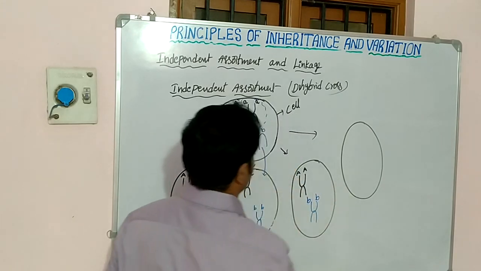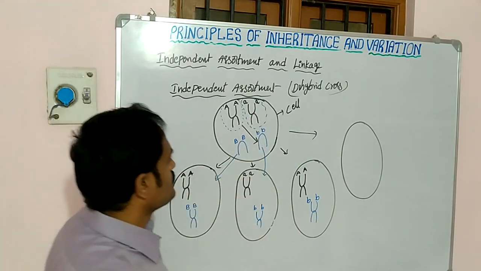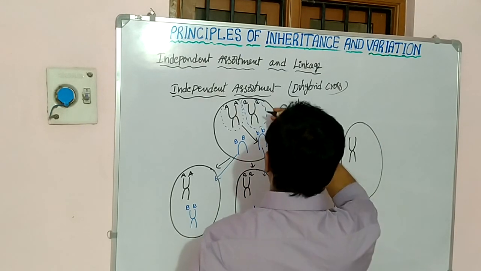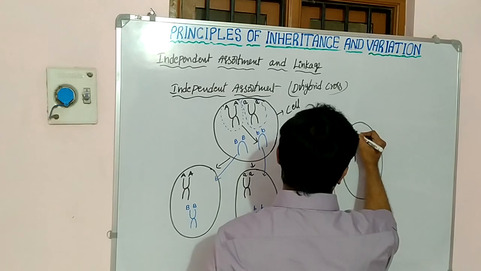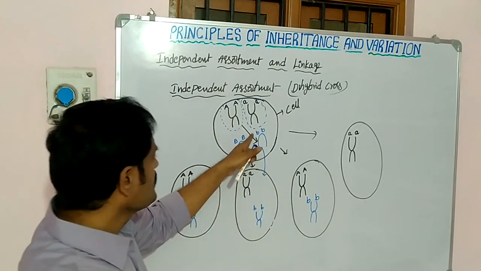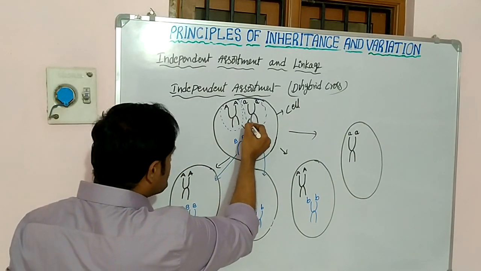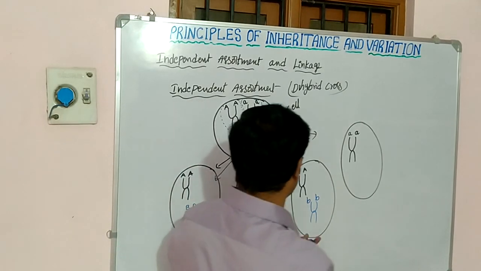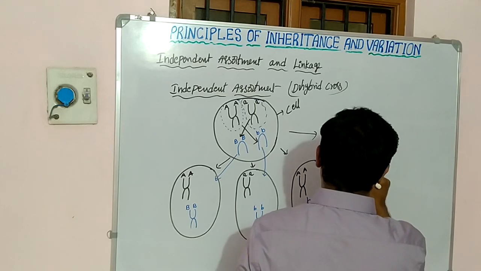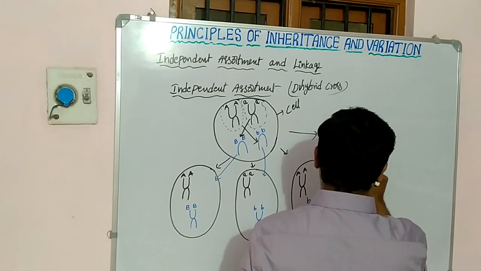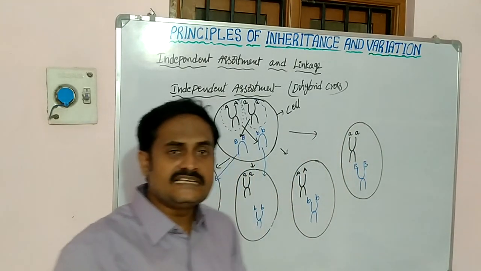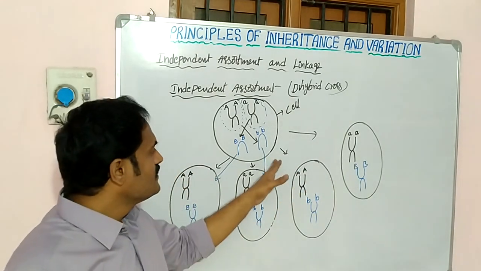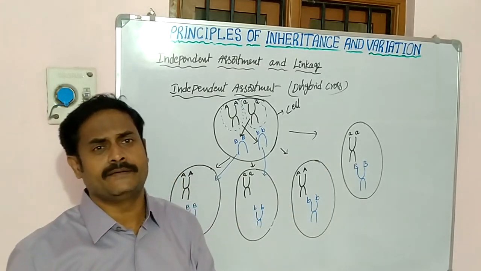Small b, small b. Then the second chromosome reaches into another cell. This is the second chromosome, with genes small a, and it is fused with this chromosome. Then what genes are present here? Capital B, capital B. These kinds of gametes are possible in the dihybrid cross.